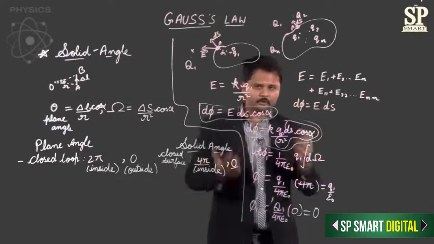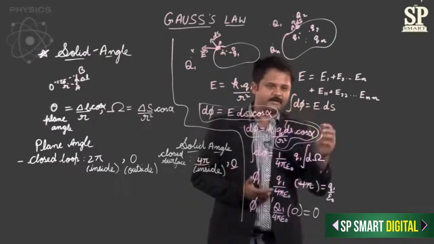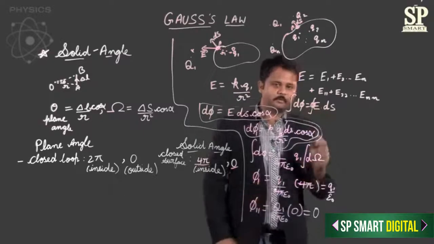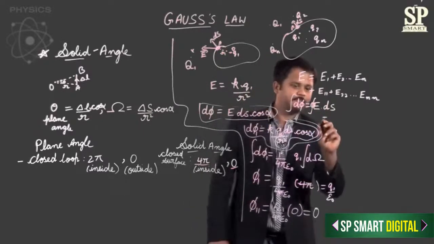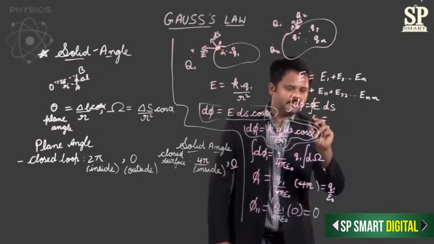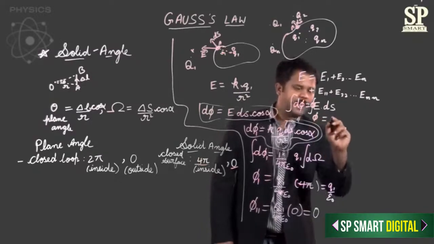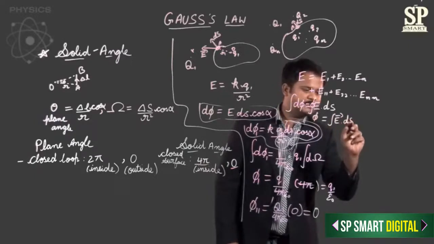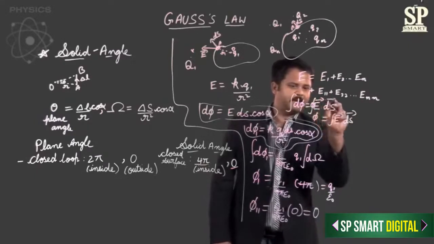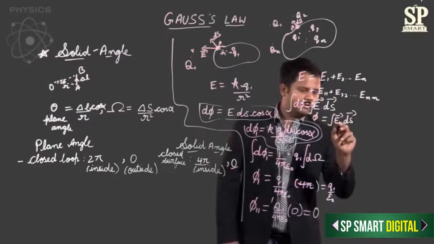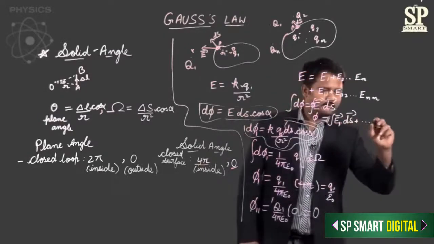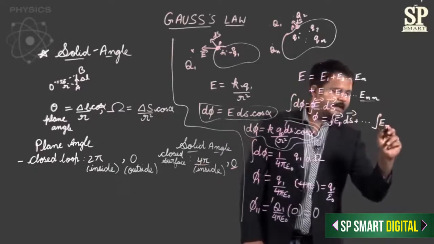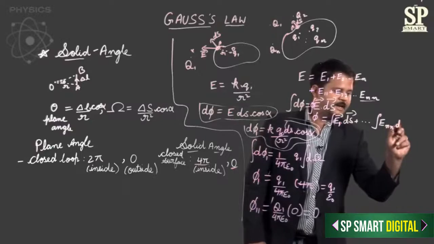And if I want to find out total flux, I just have to integrate this equation. So over the closed loop, what I will get here is, this is flux here, and here I have integration of E1 dot ds. I'll write vector signs here, and so on, right? So I have these integrations till this particular point, En dot ds.